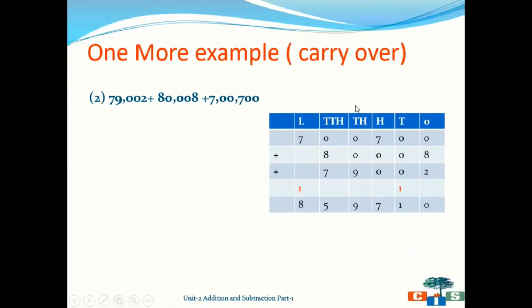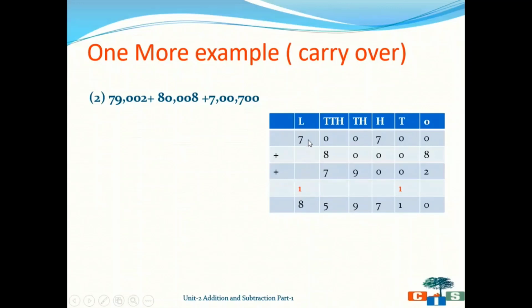Then we move to its left, which is ten thousands. We add the digits 0 plus 8 plus 7, which is equal to 15. Again, we will write 5 here and carry forward 1 to the next place after ten thousands, that is lakh. I have carried forward 1 here as I have shown you.